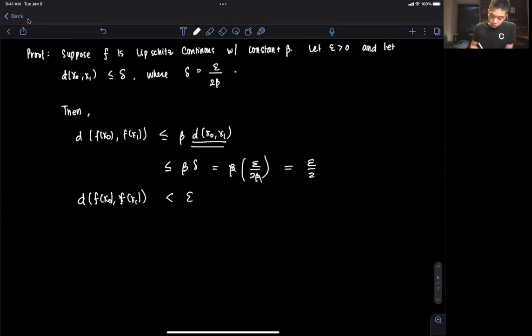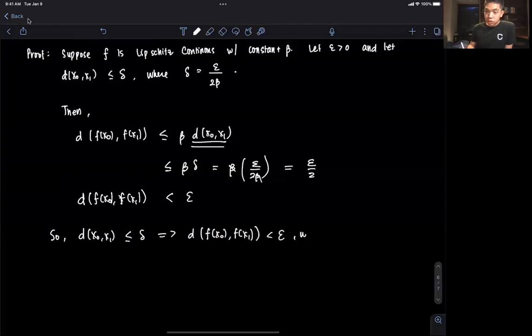So what we have found is that the distance between x0 and x1 being less than or equal to delta implies that the distance between the images of x0 and x1 is less than epsilon, which, if you recall, is the definition of uniform continuity.